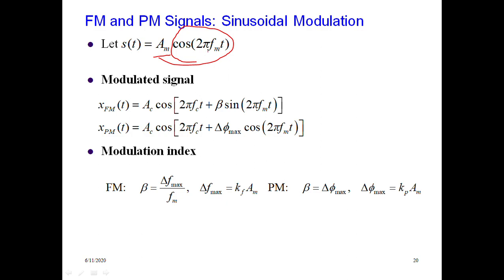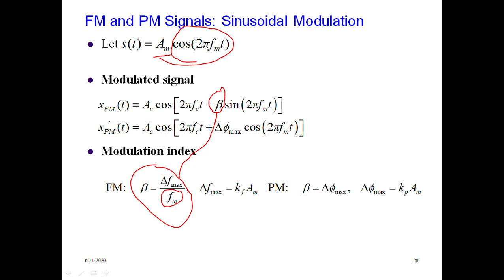Because this is cos, when you integrate cos it becomes sine 2 pi fm t divided by its coefficient, which is fm. So here beta represents delta f max divided by fm, from the integration of cos. This beta, or modulation index, we will see later in our next class.